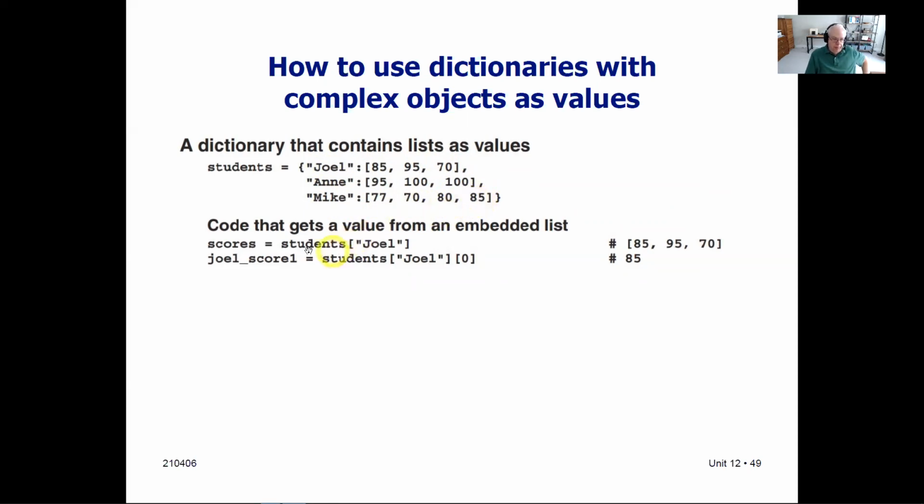So we can pull up that list, real simple: students dictionary, Joel's the key, there's the list. Or we can go crazy here and pull up the students dictionary, Joel, and index 0 to get his first grade. So we can actually reference or look up the list inside Joel's value.